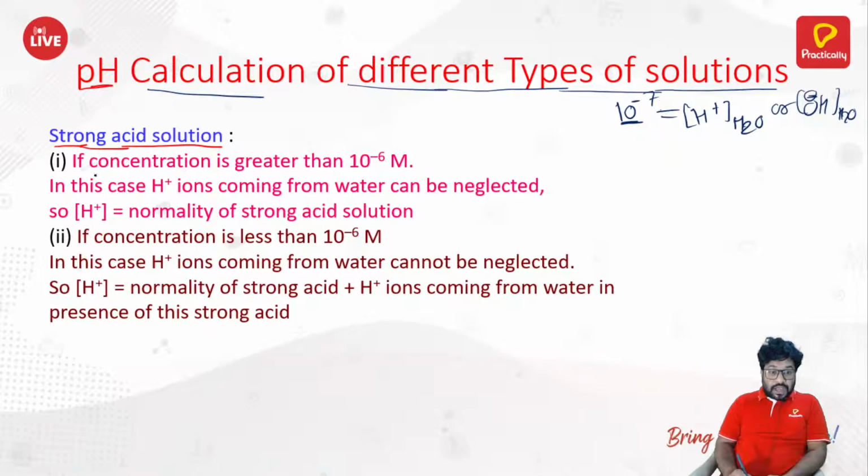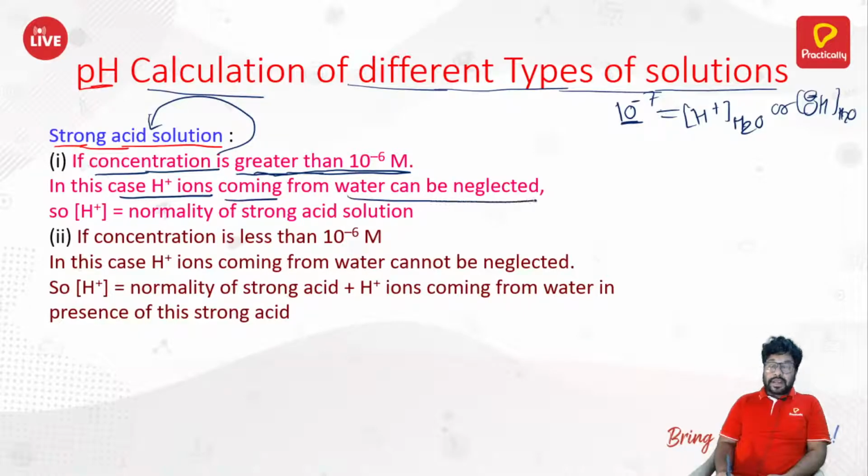If the concentration of your acid is greater than 10 raised to minus 6 molar, in this case, H plus ions coming from water can be neglected.